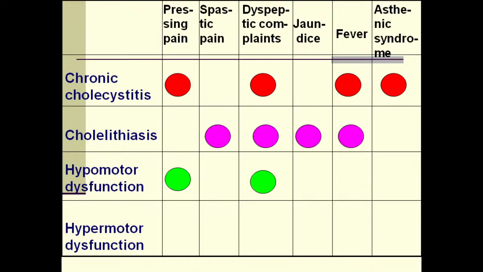Functional disorders cannot significantly disturb life activity, and the patient may not go to the doctor for a long time. Hypomotor dysfunction, depending on the pain, resembles cholelithiasis, but it's not accompanied with jaundice, with fever, or with biliary colic, only periodic spastic uncomfortable pain, but obligatorily with dyspeptic complaints because of irregular evacuation of the bile.